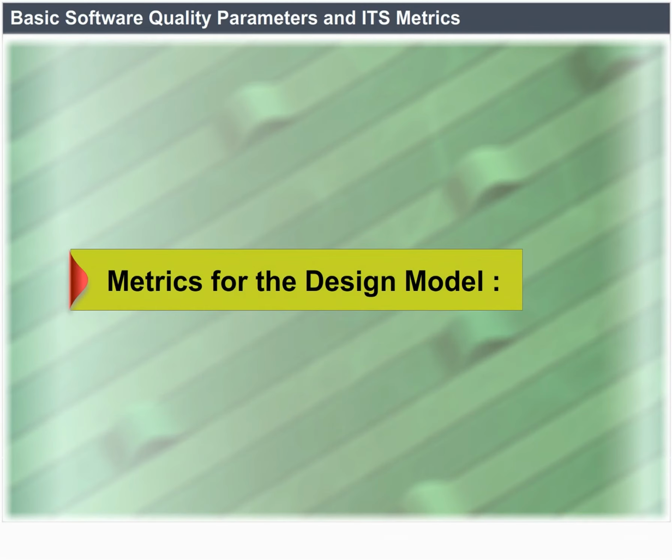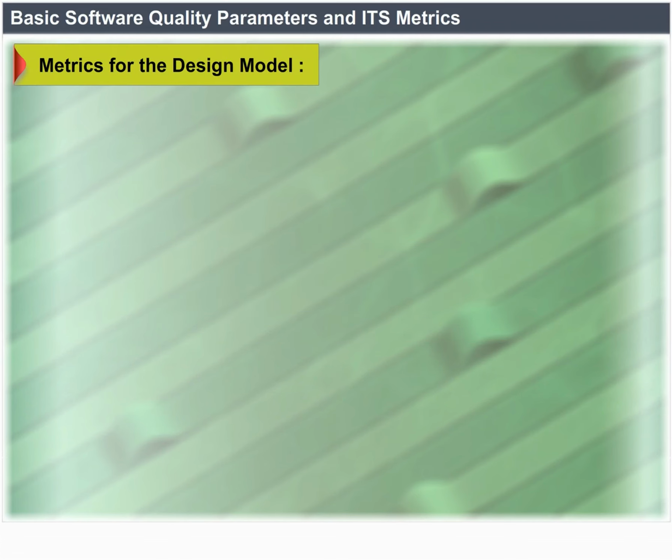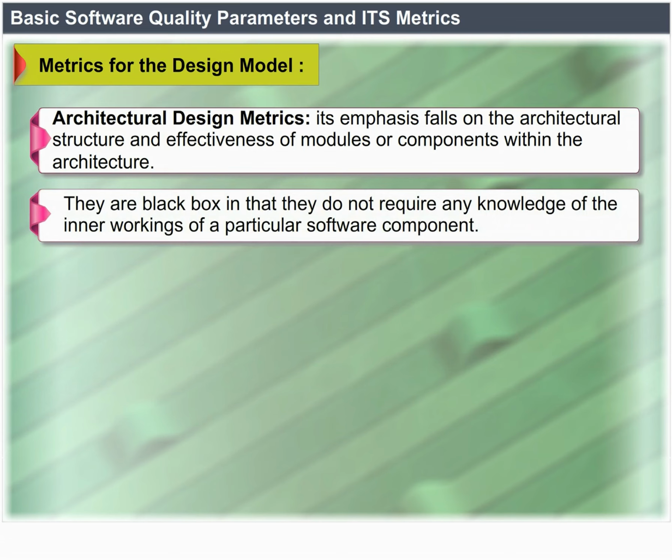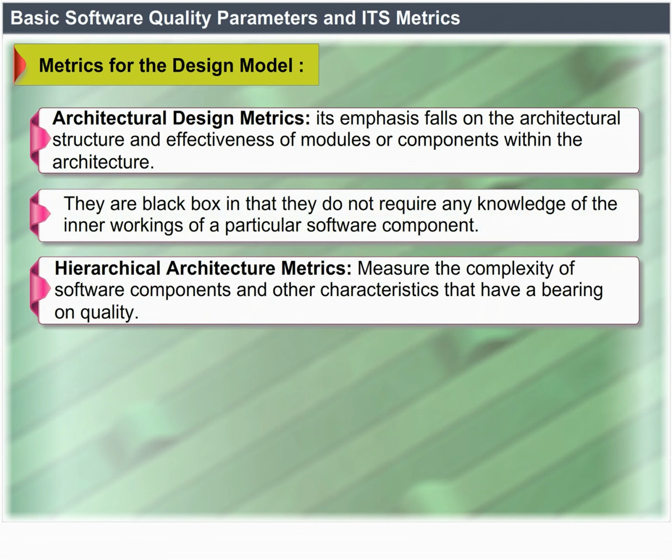Metrics for the design model. Architectural design metrics: their emphasis is on the architectural structure and effectiveness of modules or components within the architecture. They are black box in that they do not require any knowledge of the inner workings of a particular software component. Hierarchical architecture metrics measure the complexity of software components and other characteristics that bear on quality.